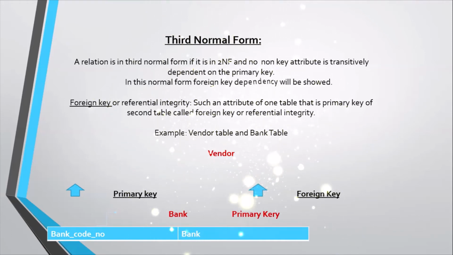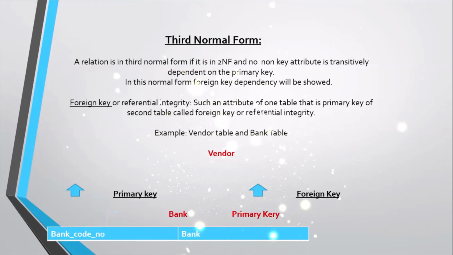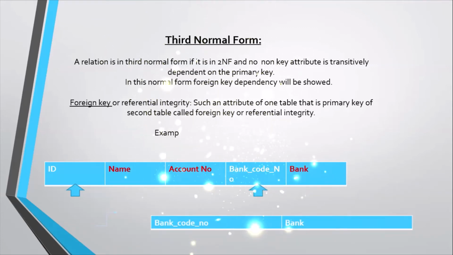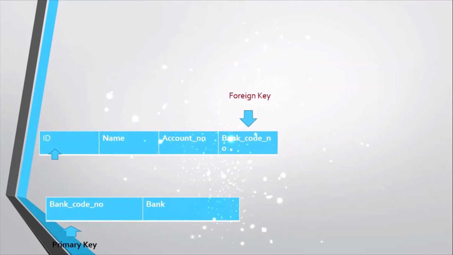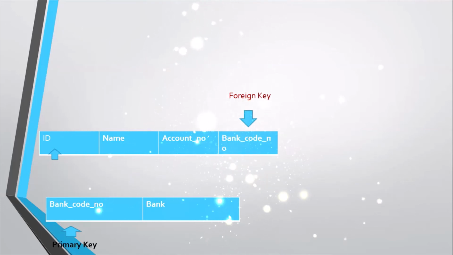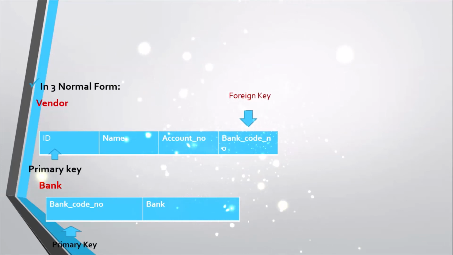So this is how the primary key and foreign key work. It's a good example of how the foreign key works. We explained it using some tables and these normal forms.